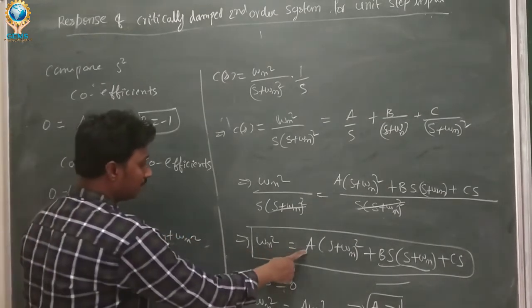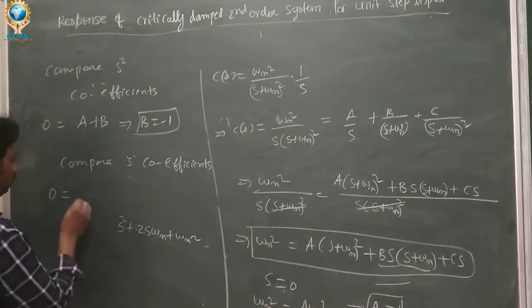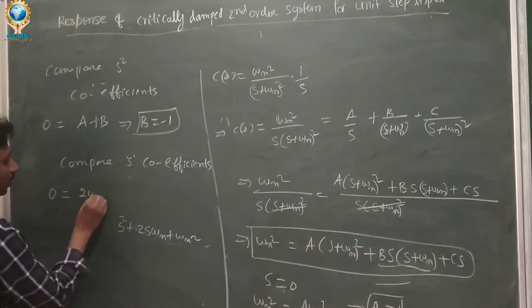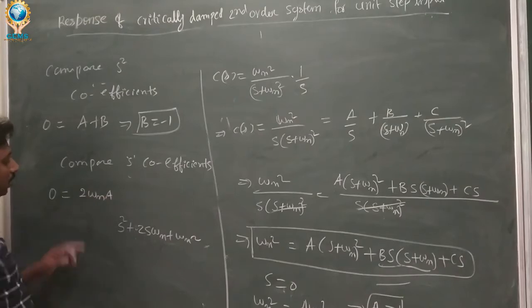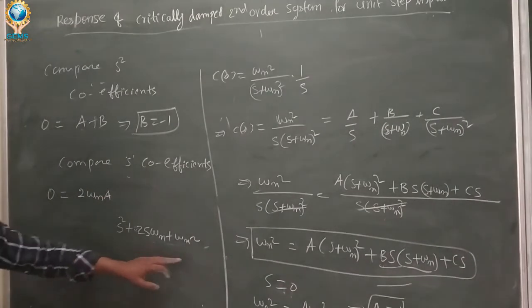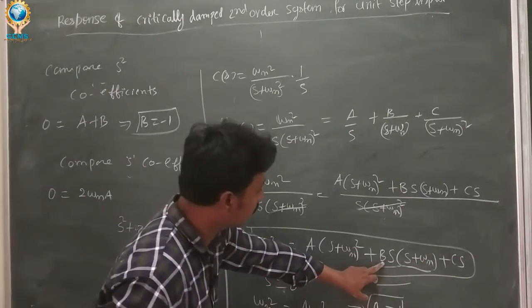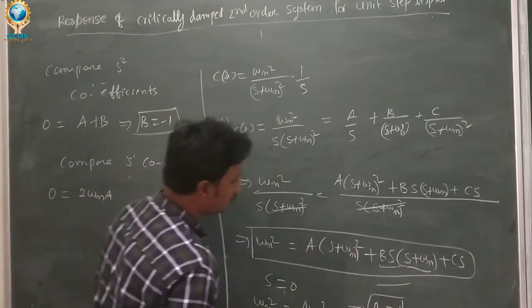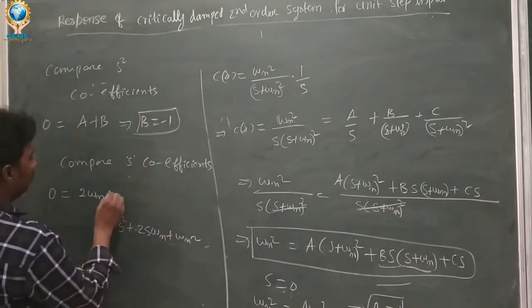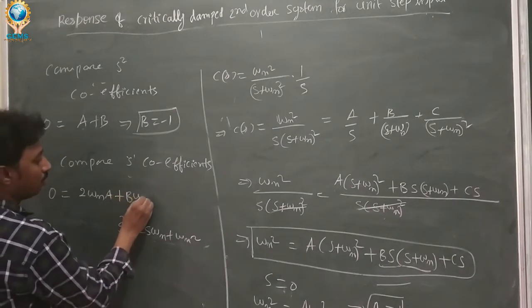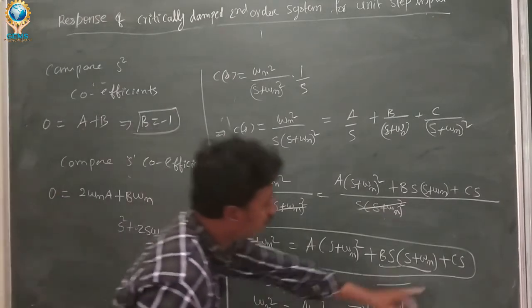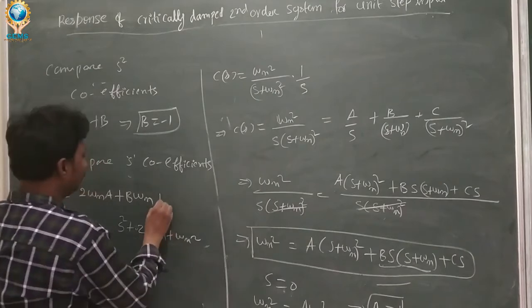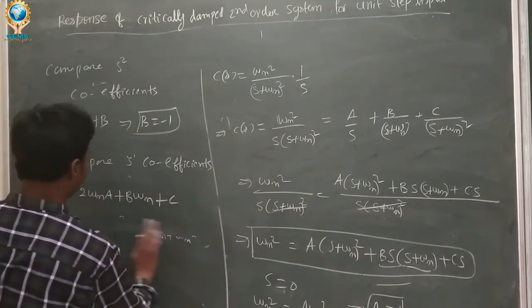If you multiply inside b s into s plus omega n, the s coefficient is b omega n. And here the s coefficient is c.